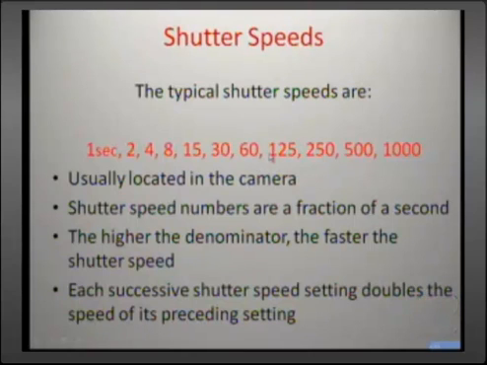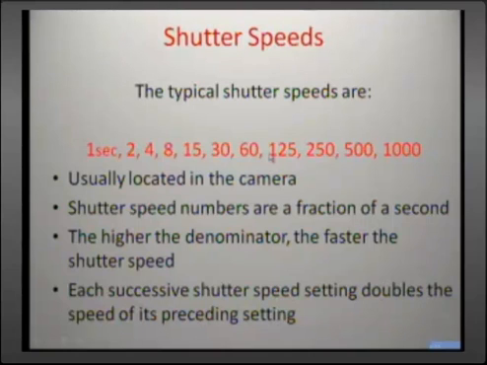Okay, now usually the shutter is located inside the camera. On some types of cameras, they could be located in the lens, but that's not very likely. Shutters are usually located in the camera. Again, the shutter speed numbers are a fraction of a second. And something important here, the higher the denominator, the faster the shutter speed, like I just pointed out.